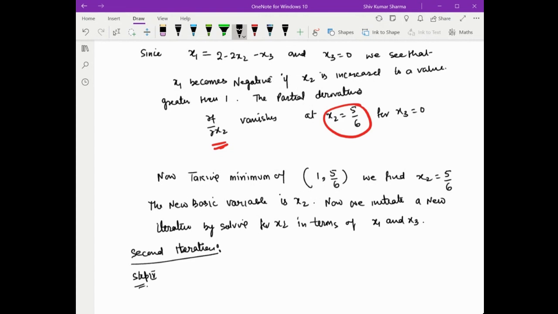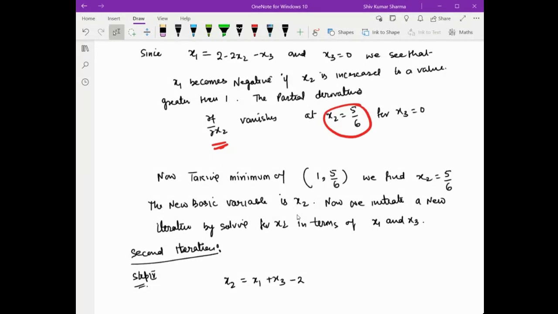For the next iteration, we put x2 as the basic variable. When you put x2 as the basic variable, then you calculate the value of x2 in terms of x1 and x3. So what is the value of x2? This is the equation we write, x1 plus x3 minus 2.